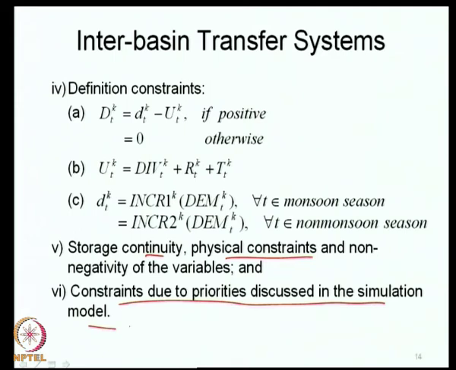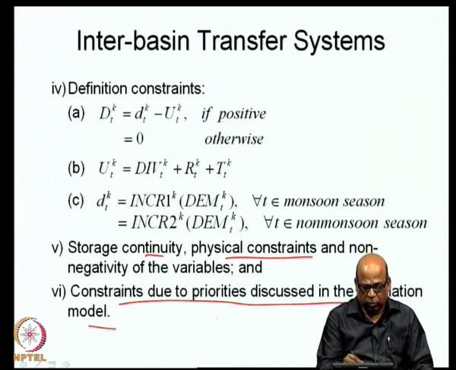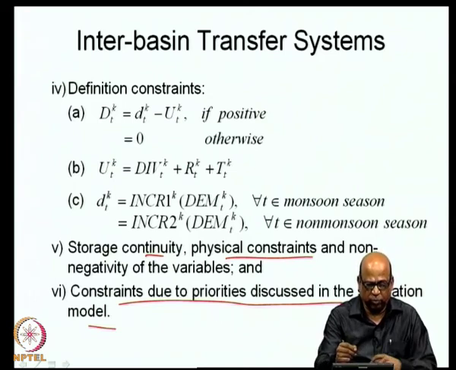That means, we will have to say that first you meet its own demand, only then you consider the release, only then you consider the transfer, which are put in terms of the release policy as well as the transfer policy.